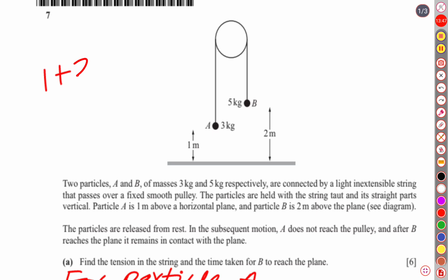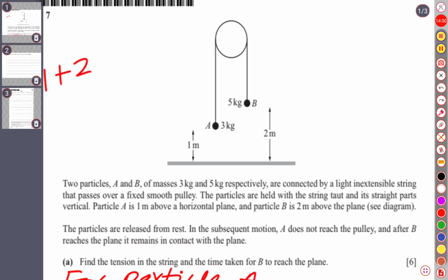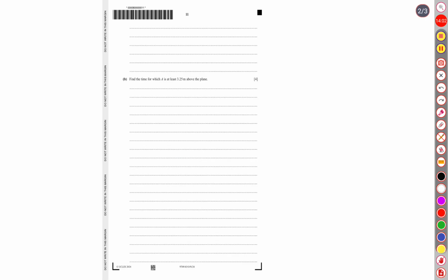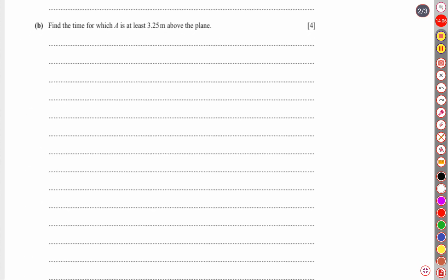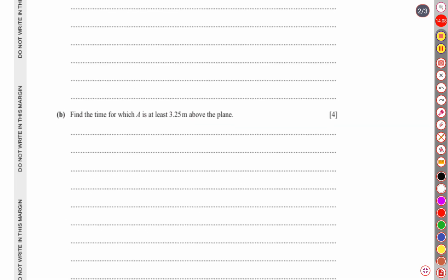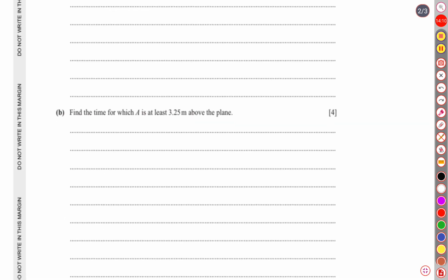So a total of 3 meters has already been traveled by A when B reaches the ground, and they have told us to find the time for which A is at least 3.25 meter above. So 3.25 meter should be the distance.